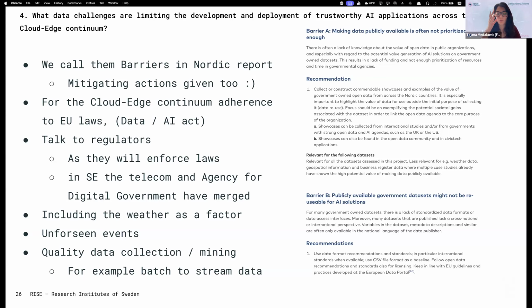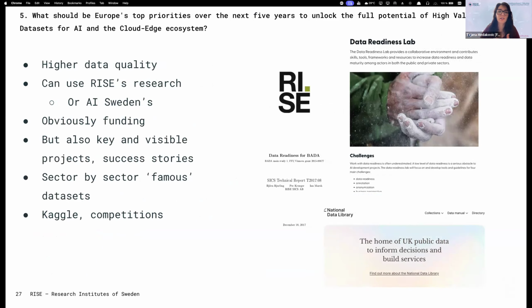But we, being from a project and also trying to be part of this side, creating the roadmaps and recommendations, are also trying to feed this knowledge to the regulators, which brings me to the last question: your insight and opinion on what should be the top priority over the next 5 years to understand the full potential, but also unlock it, so as to provide this uptake of high value data sets for AI and the cloud edge ecosystem.